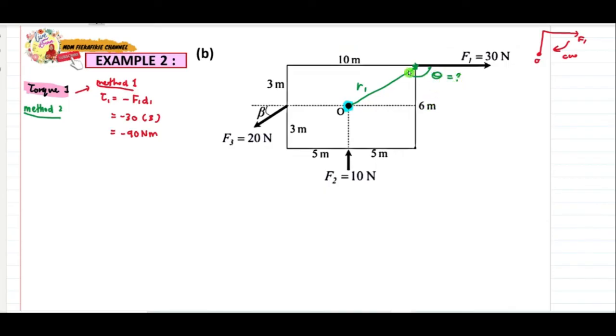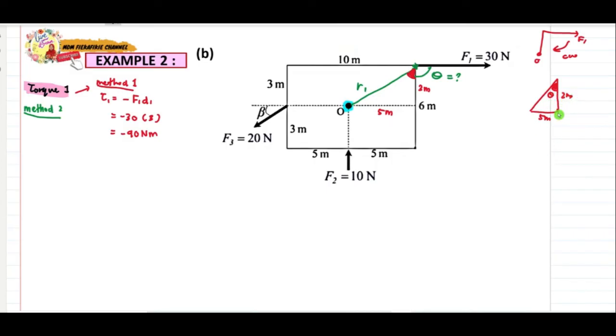Okay, but before that, we need to calculate first from the information that we have. This is 5 meter and this is 3 meter. So we have a triangle. So by using this information, we can find the angle of the red color here. Okay, so if I draw the triangle here, 5 meter, 3 meter, I want to find theta here.